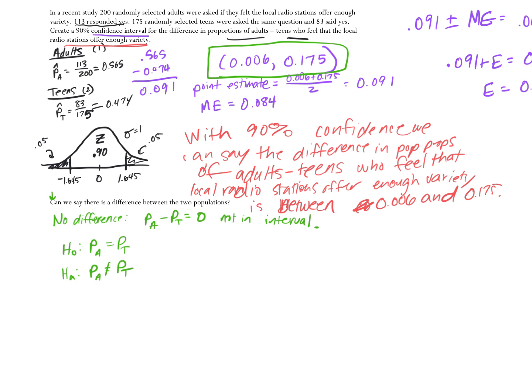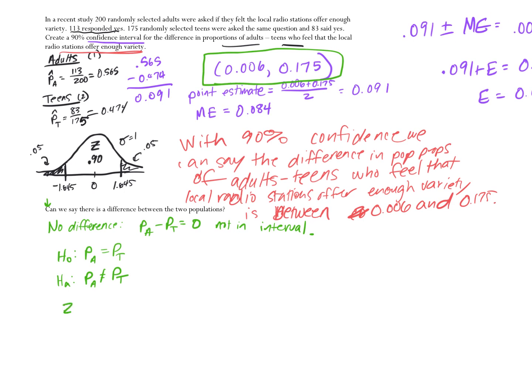So the picture I draw for a confidence interval, especially for two-sided, is almost identical to the picture I draw for a test. So what would we expect if I asked you to do the z statistic and the p-value? I would expect that my z statistic is somewhere in the rejection regions, because my interval suggests there is, in fact, a difference, because 0 is not in the interval.